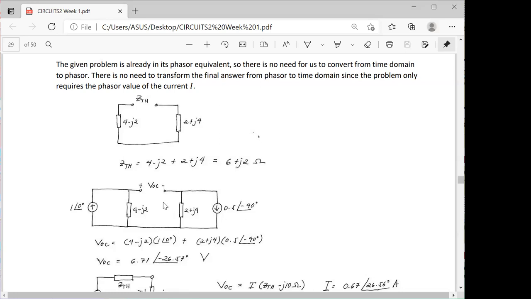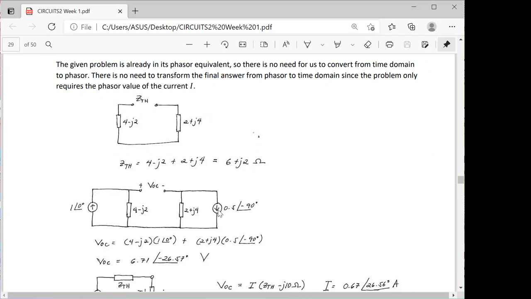And after that, maybe we can use KVL around this circuit following this clockwise direction here. Of course, if we start from this VOC following the clockwise direction, we can simply say that our equation is positive VOC, then minus, because the direction of the current of our current source here is going downward.